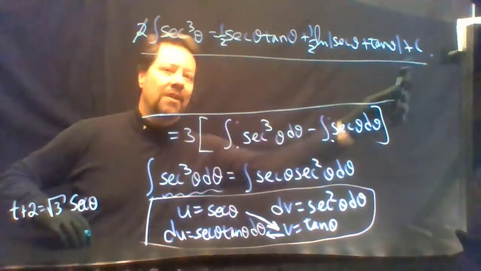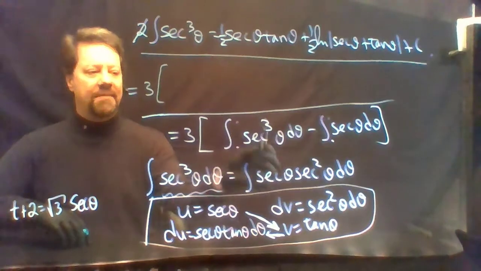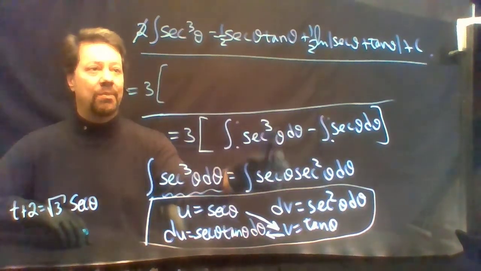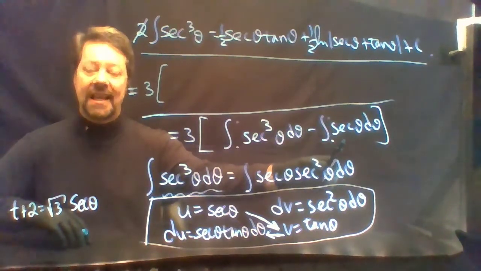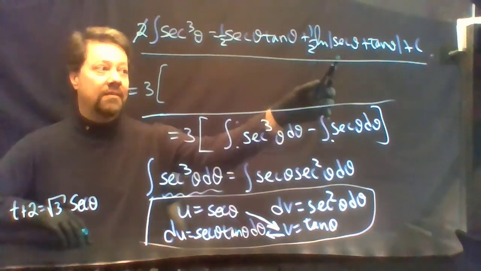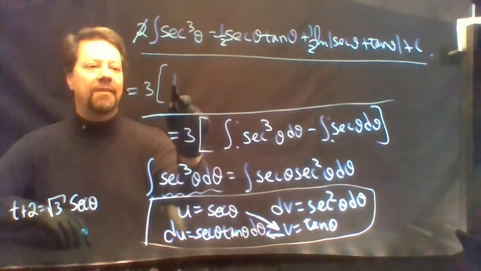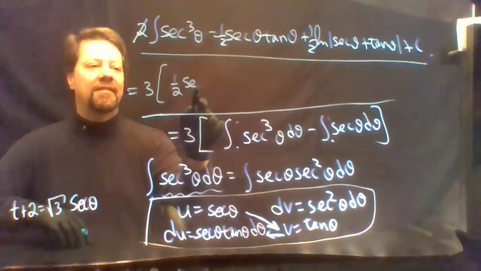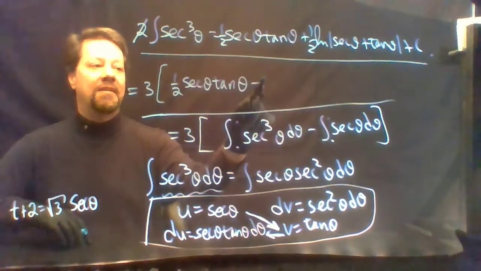Continuing with our original computation, 3 times. Now the integral of secant cubed is up here, but we're subtracting an integral of secant, which is a log secant theta tangent theta. We'll have the following: 1/2 secant theta tangent theta.